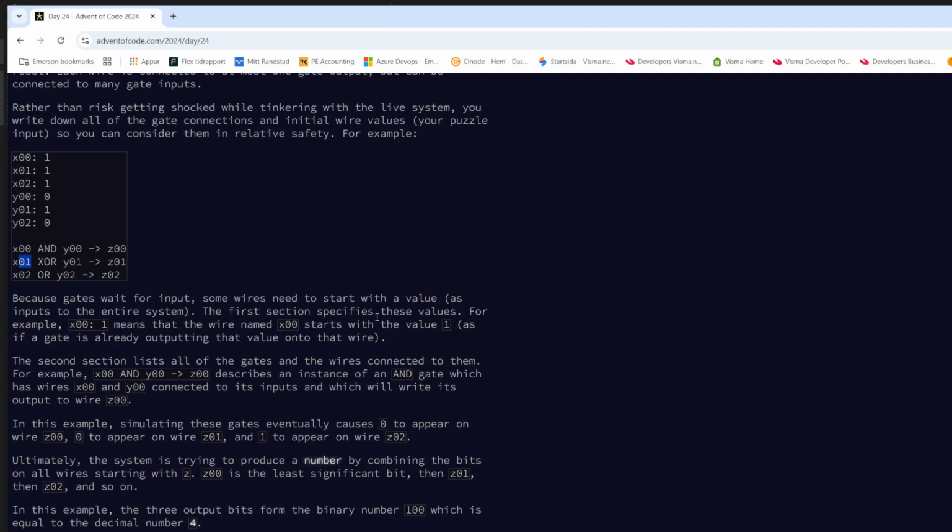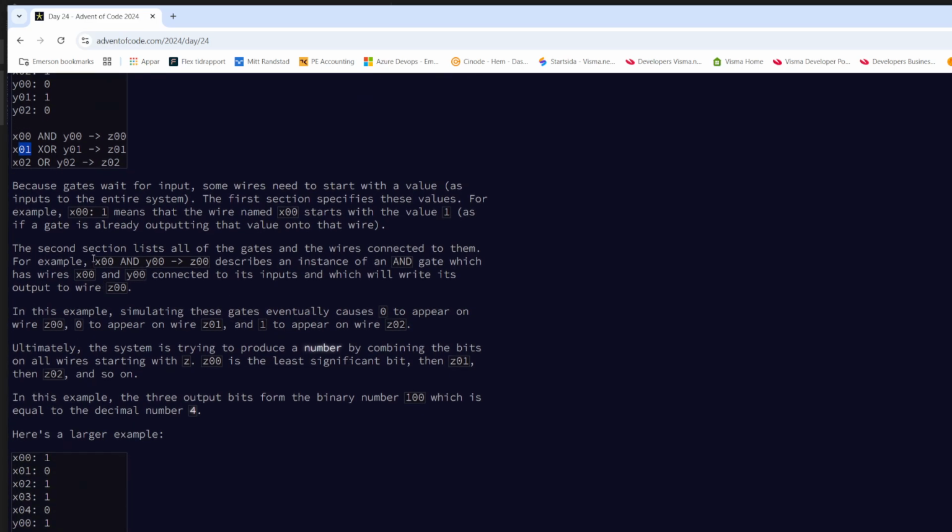The first section specifies these values. For example, x00 starts with the value 1. The second section, as I just described, lists all these gates and the wires connected to them.